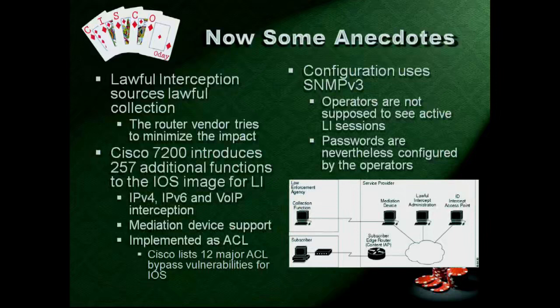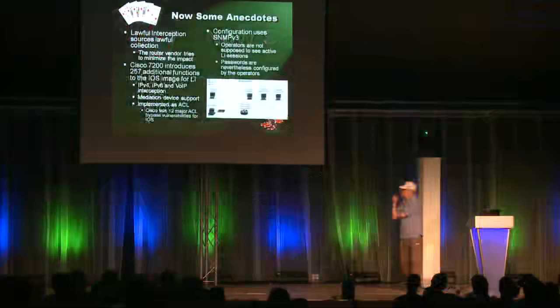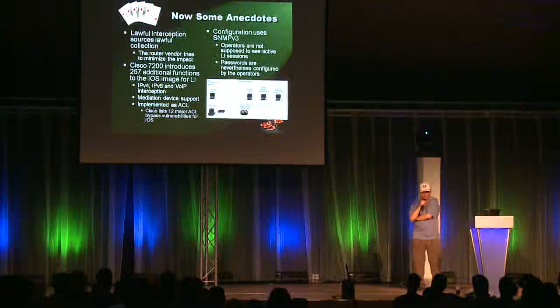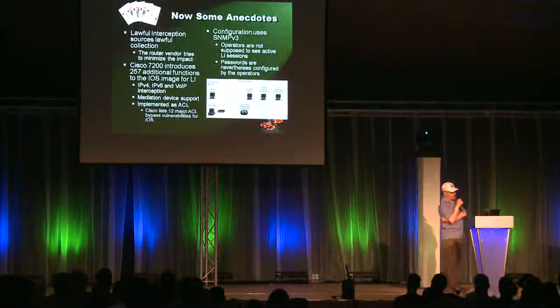After many years, I successfully obtained 2 iOS images that are perfectly equal, except for the LI functionality. And so the thing is, nobody, not the provider, and certainly not the state, will actually pay money for that functionality.